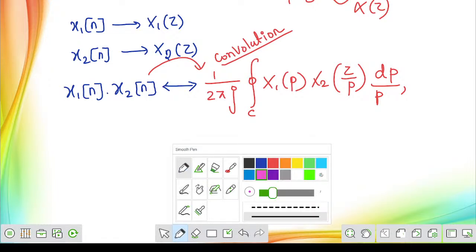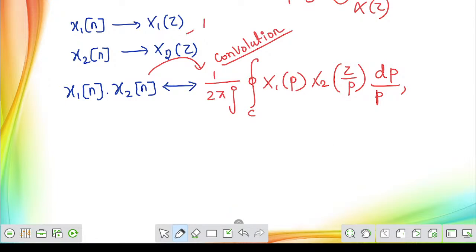One more thing you have to observe is, for example, the ROC of the first one is A, and the region of convergence for the second one is B. Since they are involved in convolution, it doesn't matter whether the convolution is happening in time domain or frequency domain. Convolution means overlapping area, common zone, intersection area.